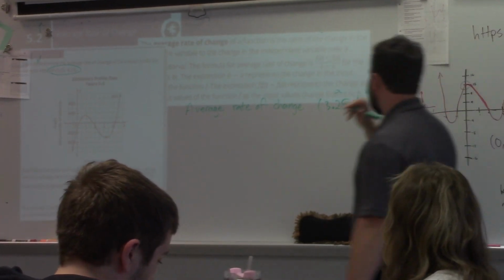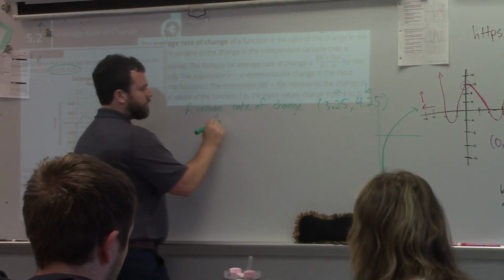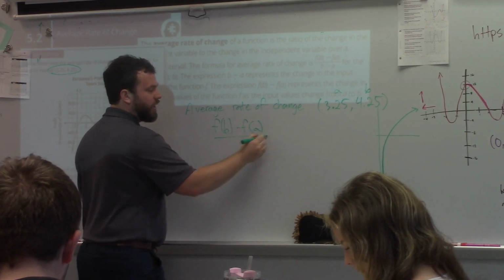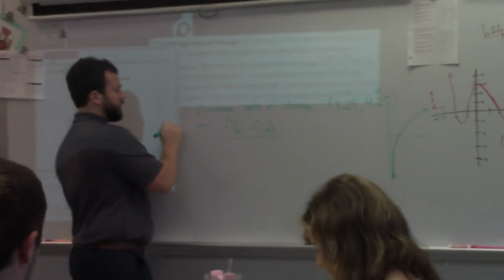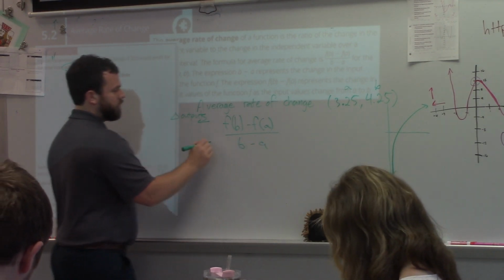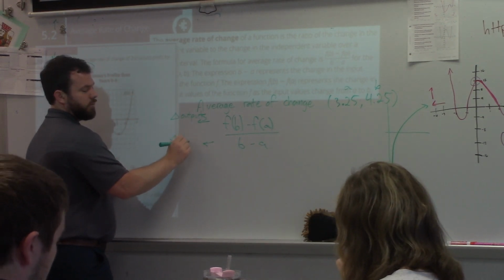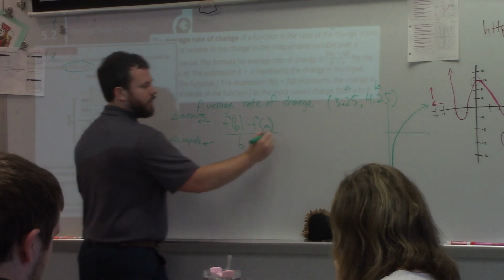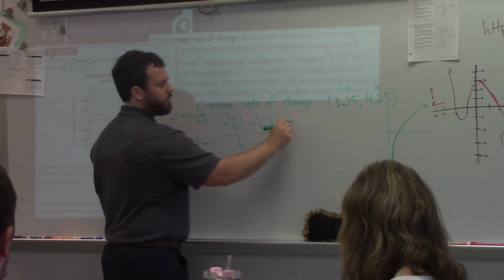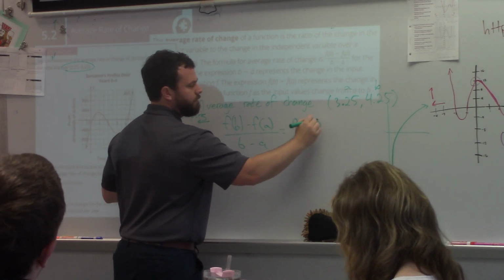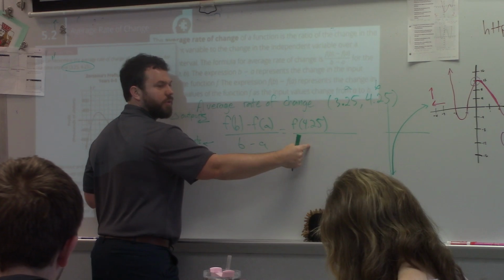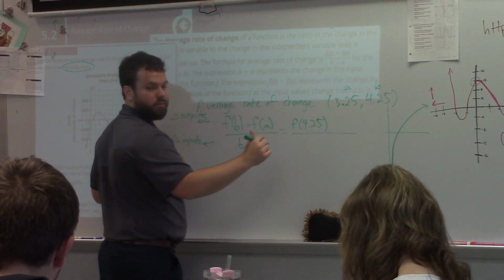It'll work out the same either way, but using the formula, f of B minus f of A. So remember, what that really is just finding is the change in the outputs divided by the change in inputs. All right, there we go. So how could I rewrite this top up here? F of what? Now just be aware, if you do 4.25 first here, what do you have to do first down here?